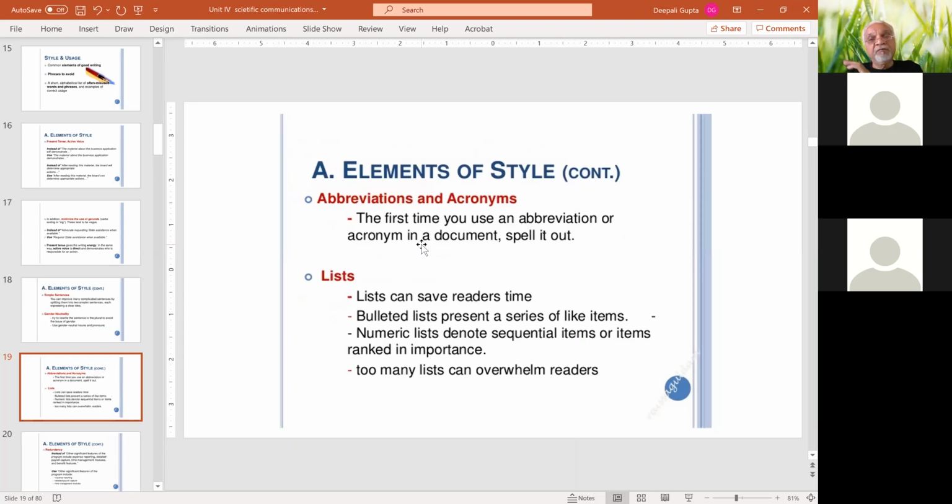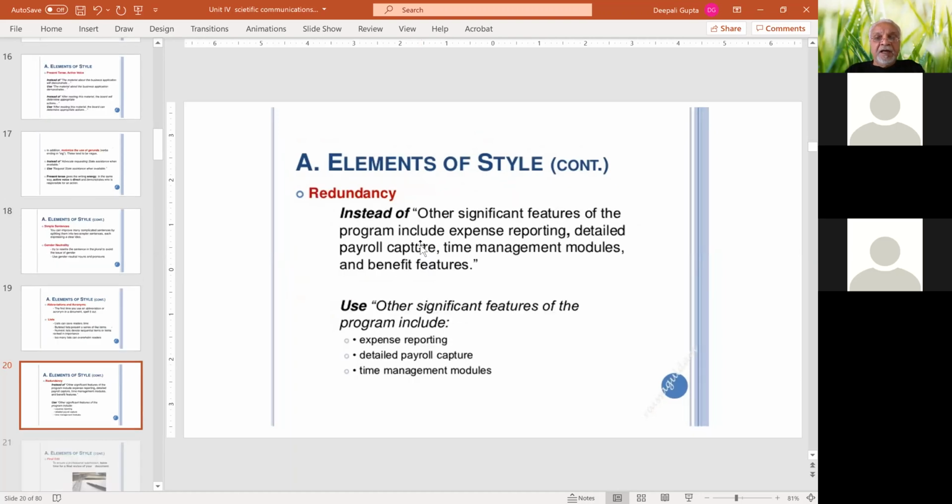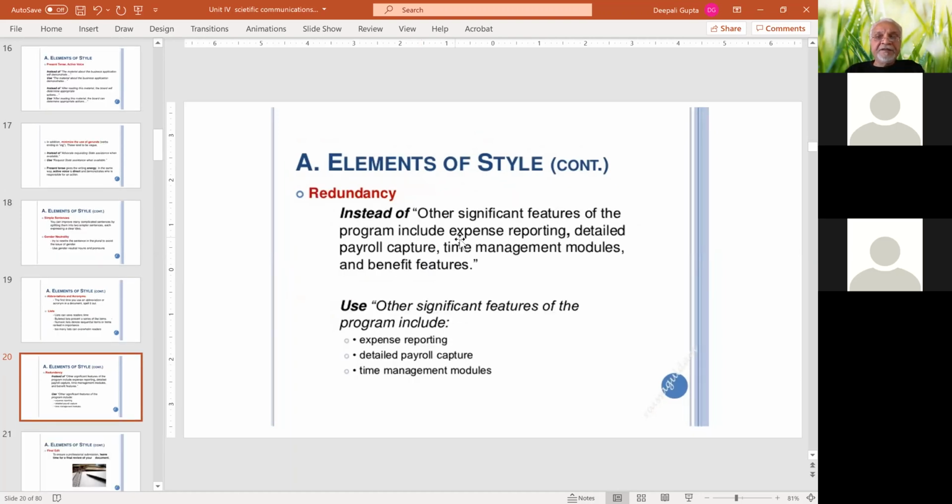The first time you use an abbreviation, give the full form, then the short form, and follow that in subsequent usage. Then redundancy, for example: instead of writing "other significant features of program include expense reporting, detailed payroll capture, time management modules, and benefit features," you can write "other significant features of the program include" the list.